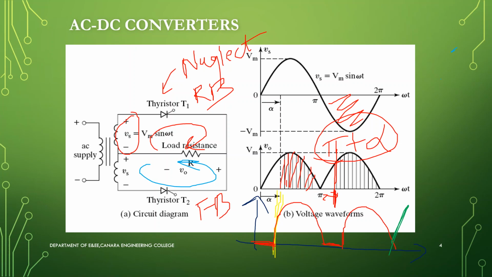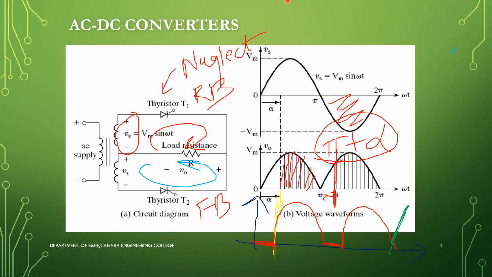So always remember, if you have a circuit of this kind, whenever the thyristor is conducting, always neglect its drop. Its voltage drop will be around 0.7 to 0.9. Whenever the thyristor is conducting, the voltage across it will be 0.7 to 0.9.